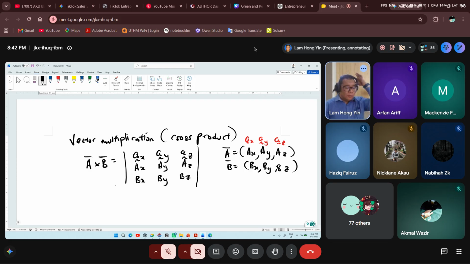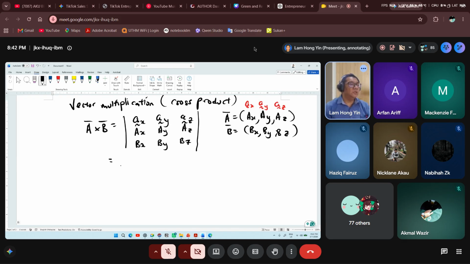In order to multiply, we need to identify what is inside the bracket. What is fixed is ax, then minus what is inside the bracket for ay, and plus what is inside the bracket for az.